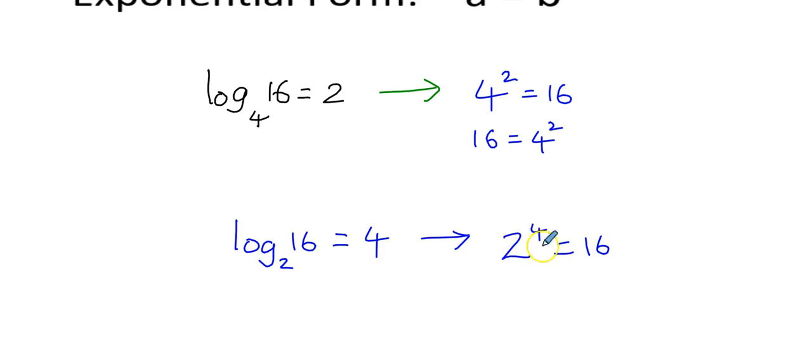When 2 is multiplied 4 times, your result is 16. So the same number 16 with base 4 gives the result 2, and log of 16 with base 2, the result is going to be 4. So you have to practice some problems of this type.